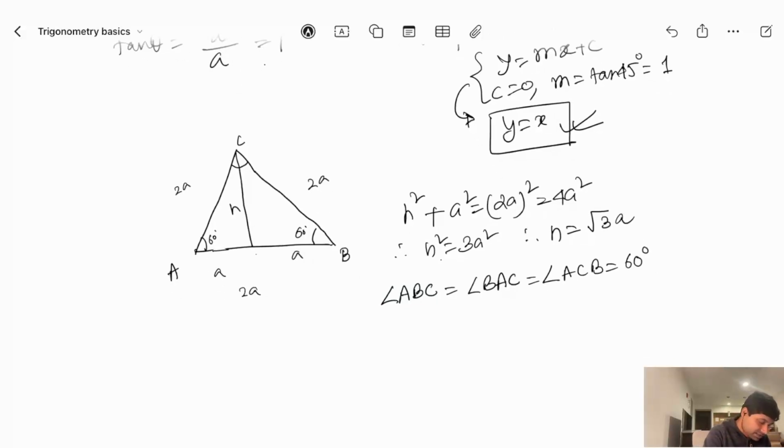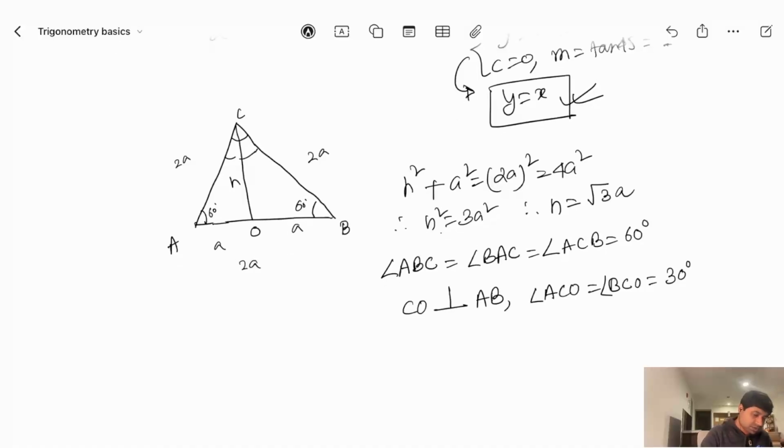But when I just create a perpendicular, like CO is perpendicular to AB, at that time it creates another small triangle. So what is the value of ACO and BCO? This is actually 30 degree because it divides into half, right?